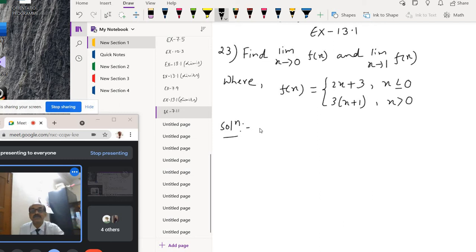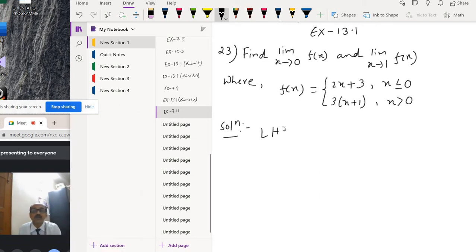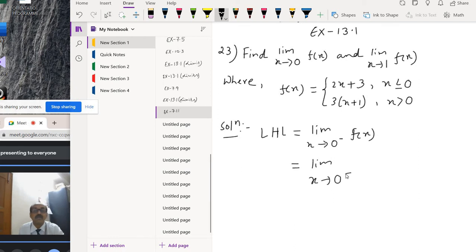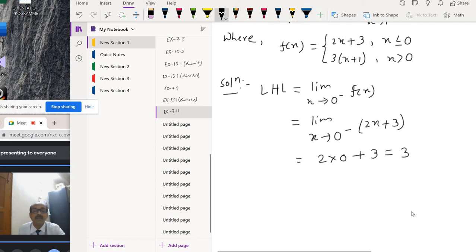The left hand limit is the limit as x tends to 0 minus of f(x). Left hand limit means less than 0, where the function is 2x plus 3. Put x equal to 0: 2 into 0 plus 3, which equals 3. So the left hand limit is 3.